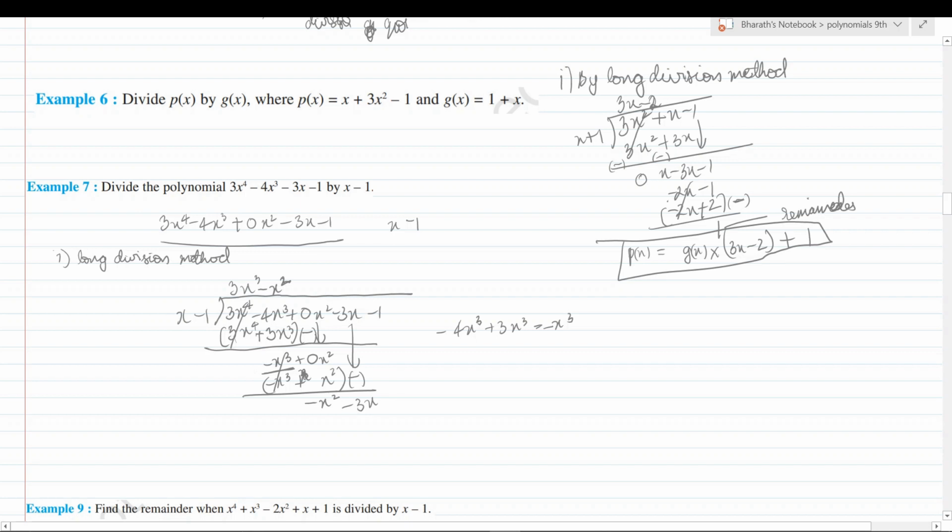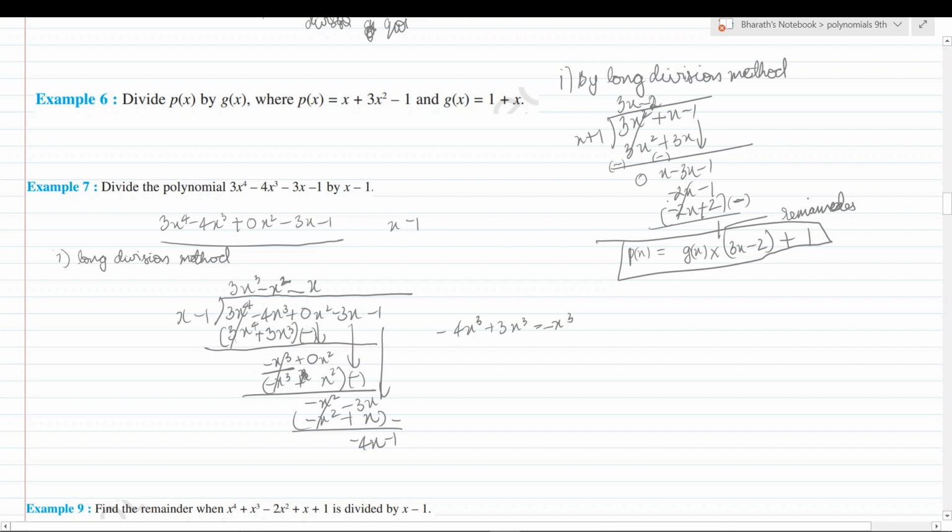Now we have to multiply with such a term that this gets cancelled, so minus x, so minus x square, so minus into minus plus x, multiplying the whole thing with minus, this gets cancelled, so we get minus 4x, bringing this down we get minus 1.